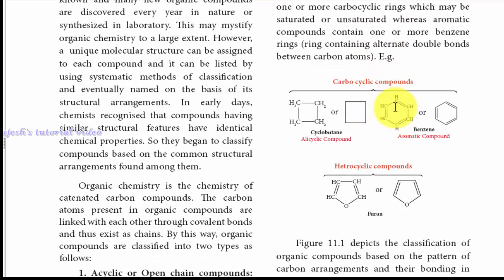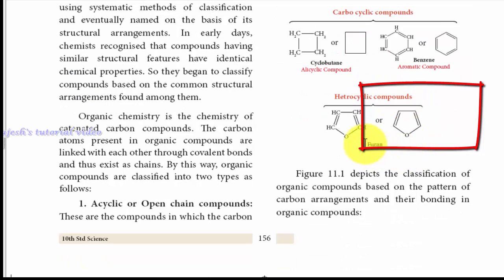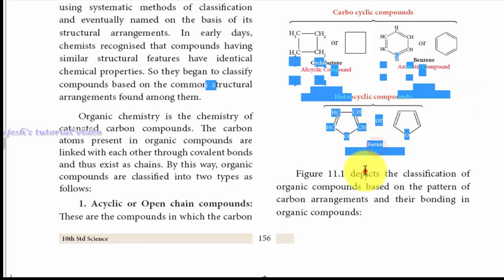That is, a benzene ring is nothing but, imagine a hexagon with carbon at each corner, and in that hexagonal figure, the carbon atoms have alternate double bonds. For carbocyclic compounds, cyclobutane is an example for alicyclic compound, and benzene is an example for aromatic compound. And for heterocyclic compounds, furan and pyridine are examples.